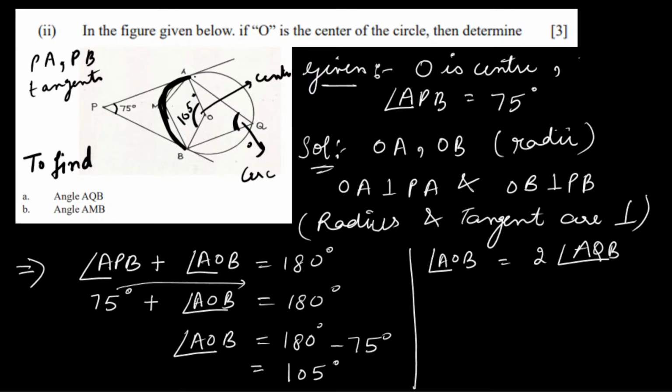So AOB equals 2 times AQB. The value of AOB we know is 105, so this 2 will shift to this side and get divided, giving AQB.